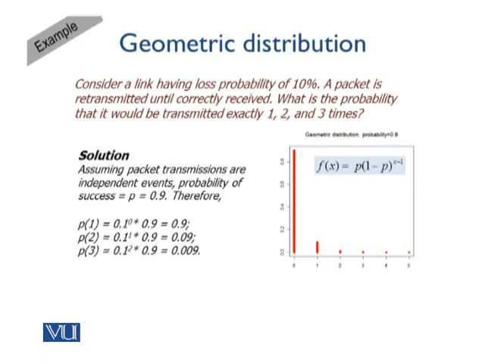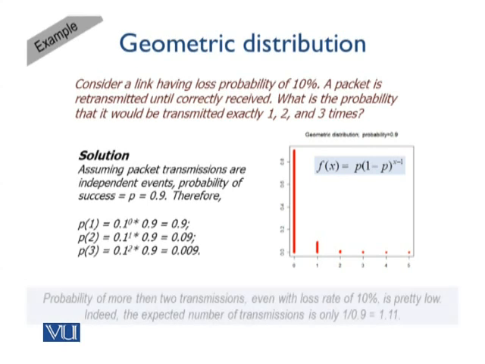Now if we see this example, this illustrates another basic fundamental of packet switching, in which you specify that if a packet is not delivered, you retransmit the packet. We can see by understanding the geometric distribution that it actually makes sense, because the chances of having many retransmissions is very slim.